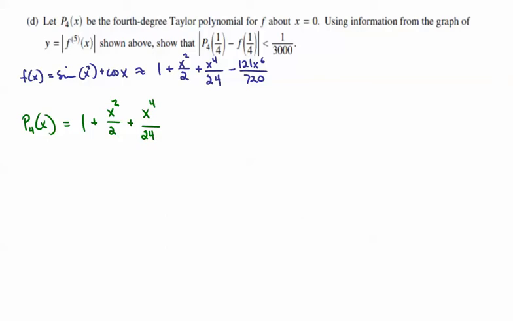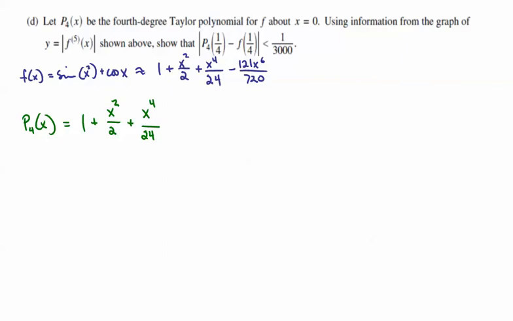Then, using the information from the graph of y equals the absolute value of the fifth derivative of f shown above, show that the absolute value of p sub 4 of 1/4 minus f of 1/4 is less than 1/3000. Alright, well, let's first talk about this absolute value.